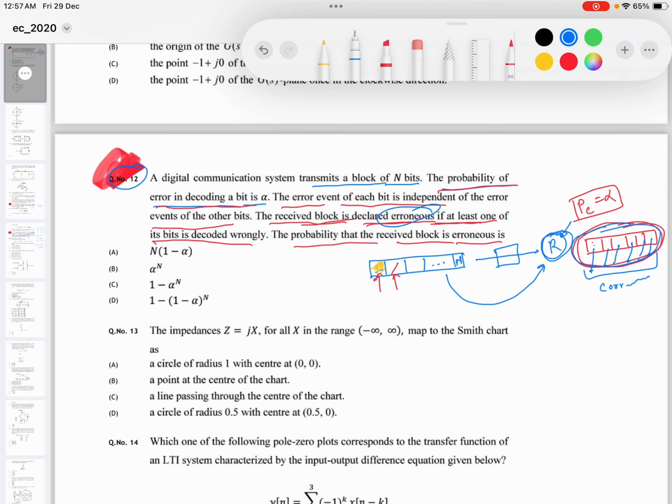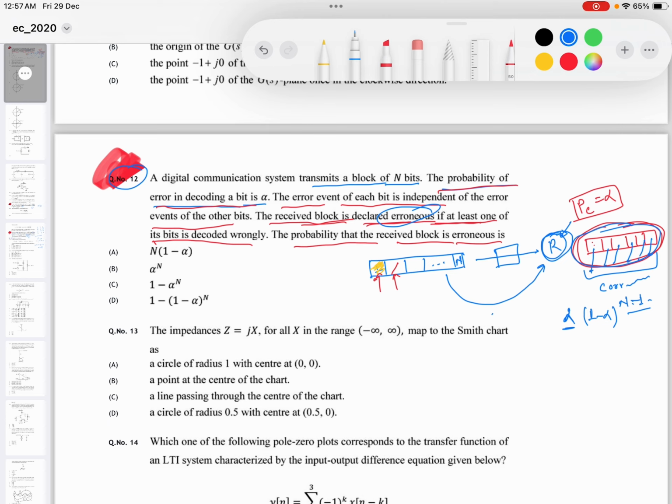And if at least one bit is getting decoded wrongly, with the probability of decoding wrong being alpha, then the other bits will be correct.